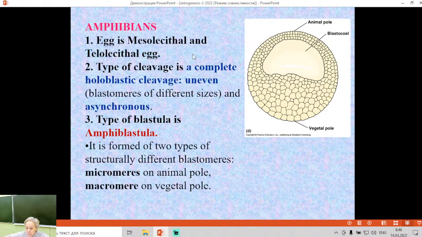The type of cleavage is complete holoblastic, but uneven because blastomeres are of different size. You see small blastomeres on the animal pole and big blastomeres on the vegetal pole, and asynchronous because blastomeres divide at different times. The type of blastula is amphiblastula.